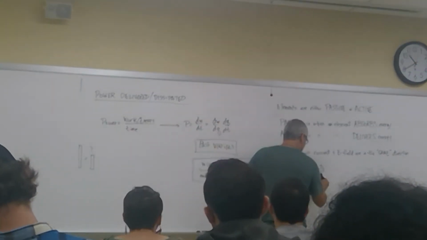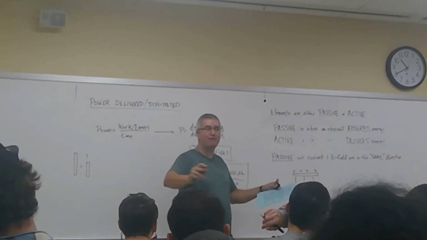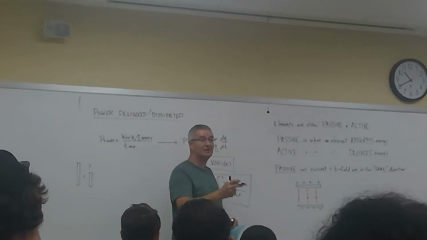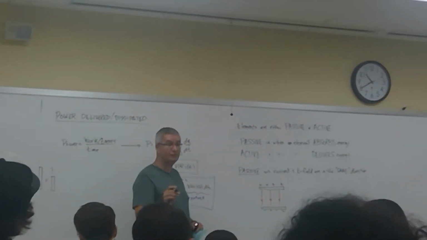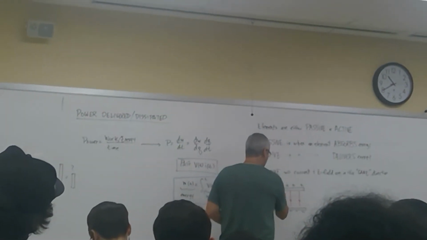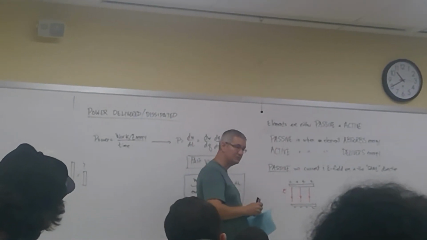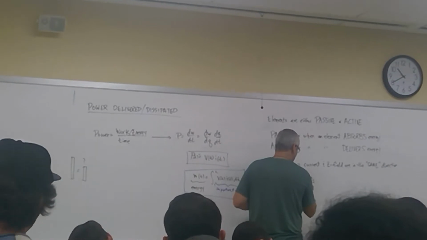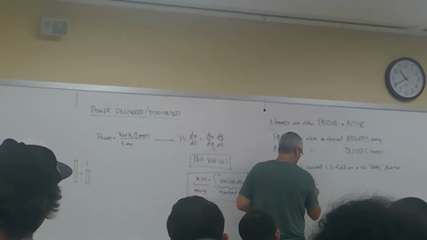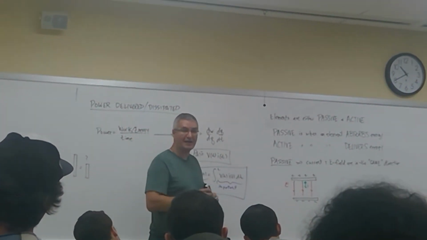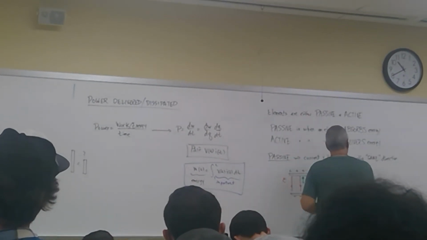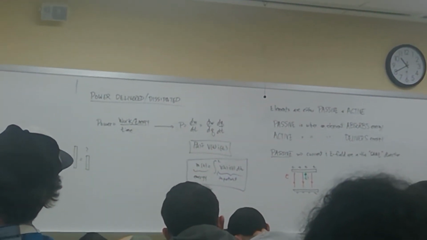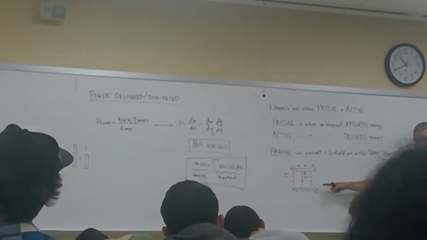Remember, these plates are really big, and I'm only looking at the center, so I don't have to worry about the fringing of the field. The E field is in that direction, and the current flow in this case is going to be in that direction. So when I say that the field and the current are in the same direction, that's what I mean.